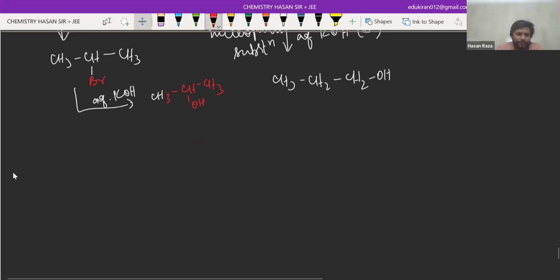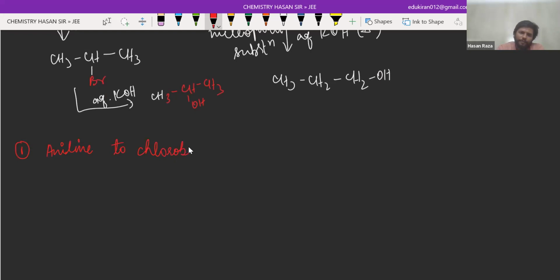Conversion, basically. The first one is aniline to chlorobenzene. How you are going to convert it?